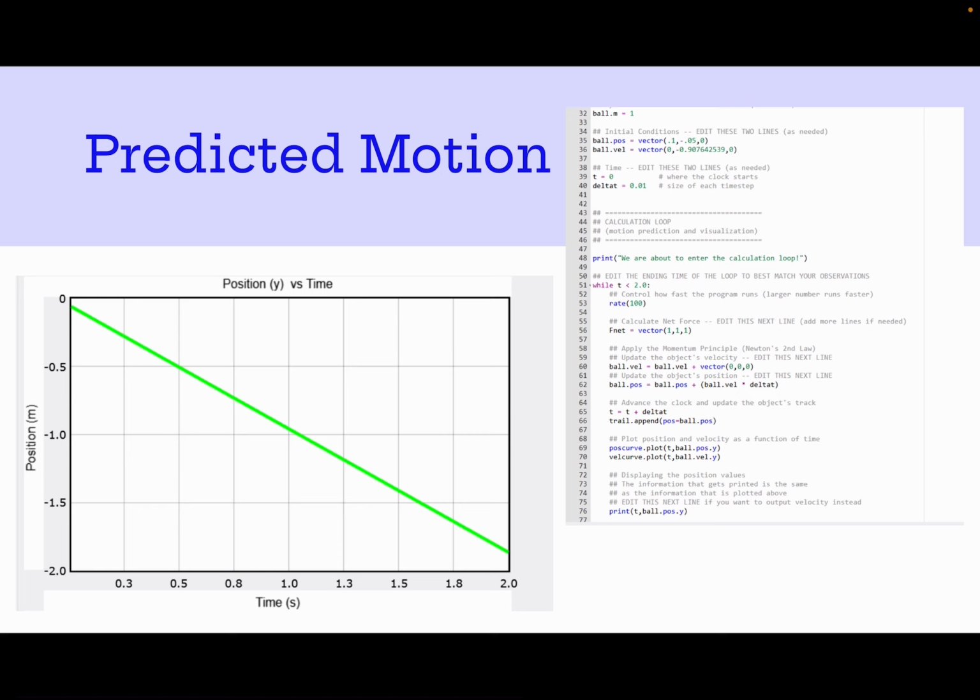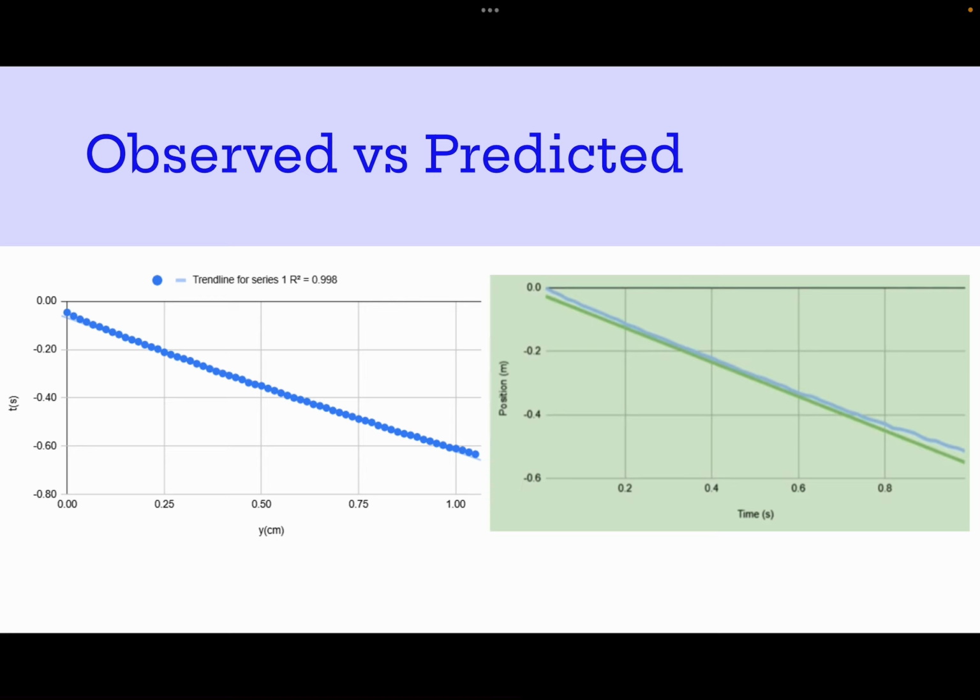And then on the right, that's the code that I did. I did have to calculate the net force. I changed the time step, which in Tracker I had to be every 0.01 second. And then here is where I used Newton's second law, where I updated the position and the velocity according to this formula. And then here you can see the observed versus prediction.